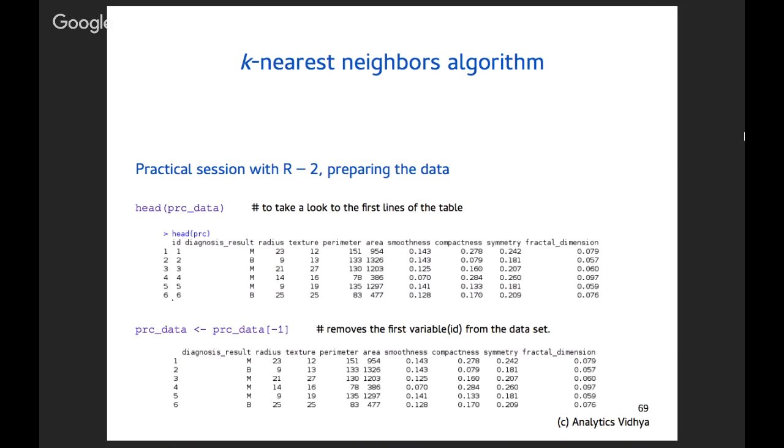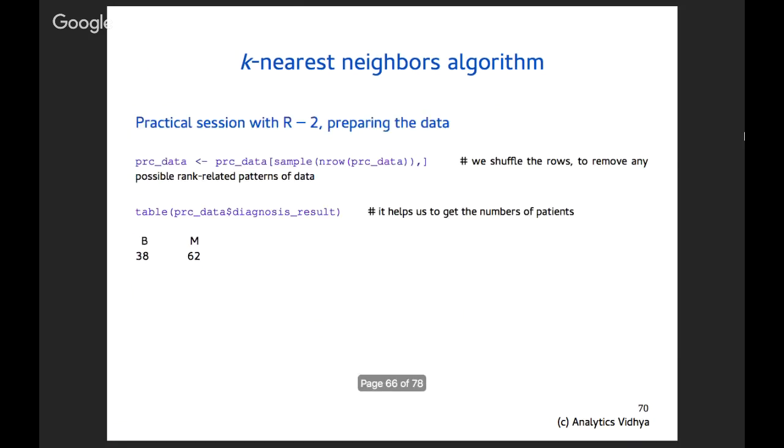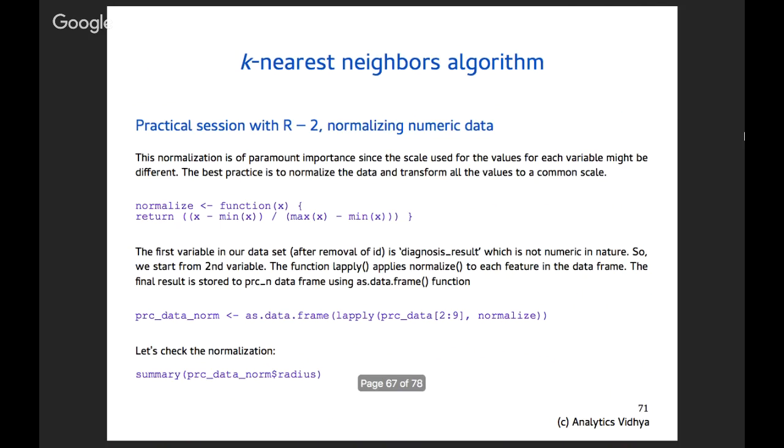Then we apply the command -1 to remove this column that is the ID of the patients that we don't need. And we shuffle the rows because we don't want the order to influence our prediction. And with the command table, we can see the number of patients with a benign or a malignant diagnosis.